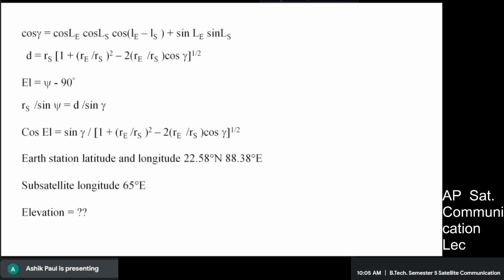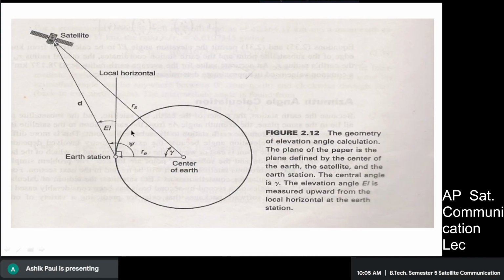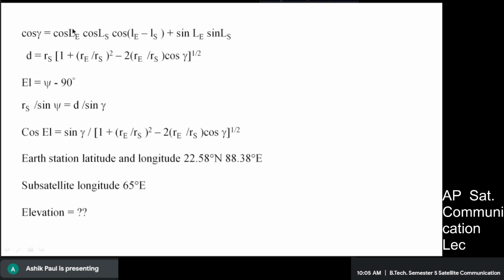So according to an existing mathematical relationship, cosine of this central angle gamma can be expressed in terms of the coordinates of the Earth station and that of the satellite. Like, for example, this capital LE, that is the Earth station west longitude.